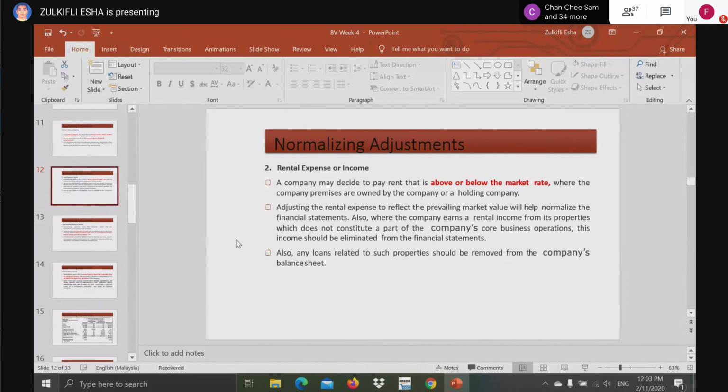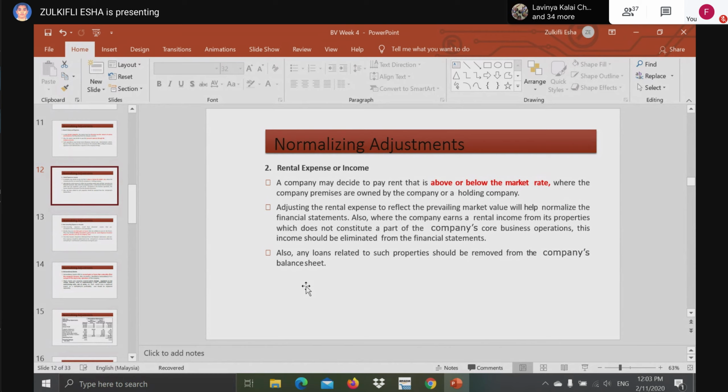If you find out that the amount of rental expenses or income expenses for your company is lower or higher than the industry, you may need to adjust it to make it at par with the other companies within the same industry. That's what we mean by normalizing: to make it equal or at par with the industry. So adjusting the rental expenses to reflect the prevailing market value will help normalize the financial statements.